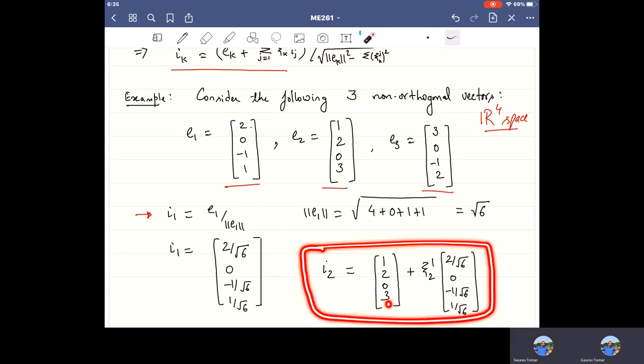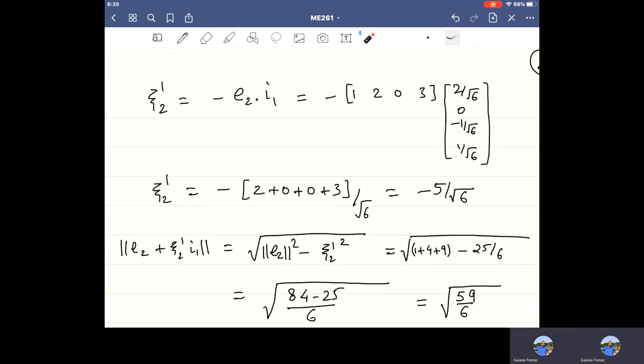by adding E2 to this, which is I2,1 times I1. Correct? That's what we're doing. Now, your I2,1 is going to be, as we had seen earlier, minus E2 dot I1 times I1.